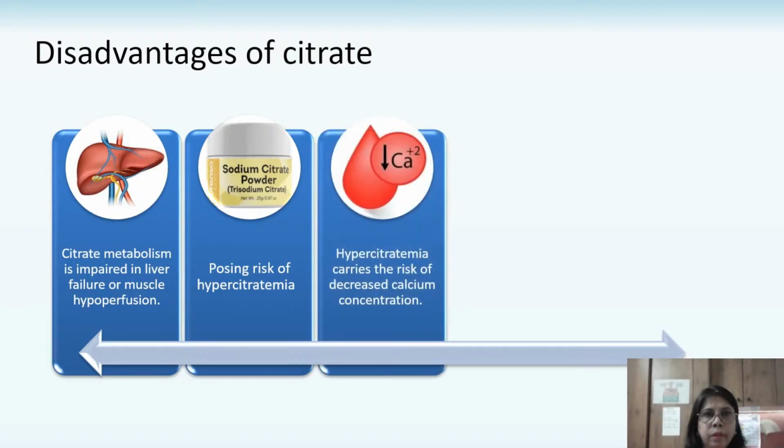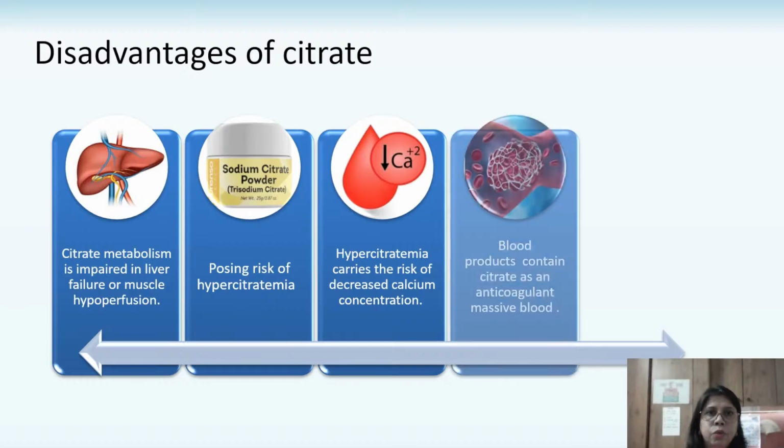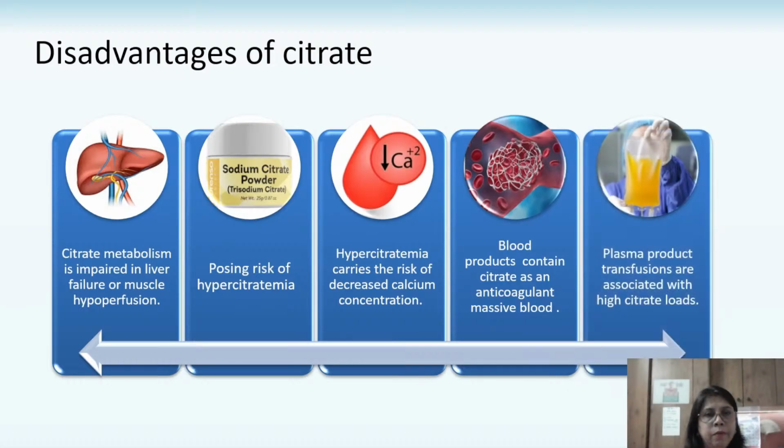Hypercitratemia, along with it, now carries the risk of low calcium levels in the body of the patient. In addition to CRRT, if the patient receives blood products or even plasma infusions, these also contain citrate as anticoagulants, and this can again increase the levels of citrate being given to the patient.